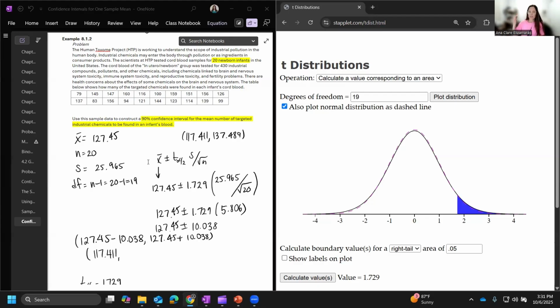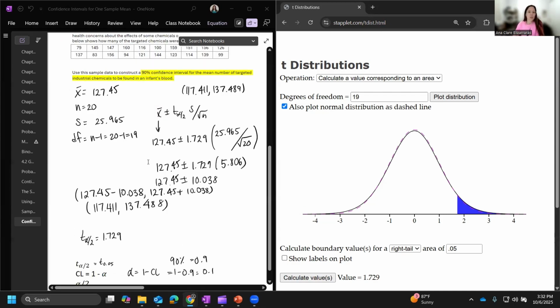Shocker. That's what we had. And then I add the point estimate to the margin of error, and I get 137.48. I get 8 in my calculator rather than 9, which is what Stapley gave us.